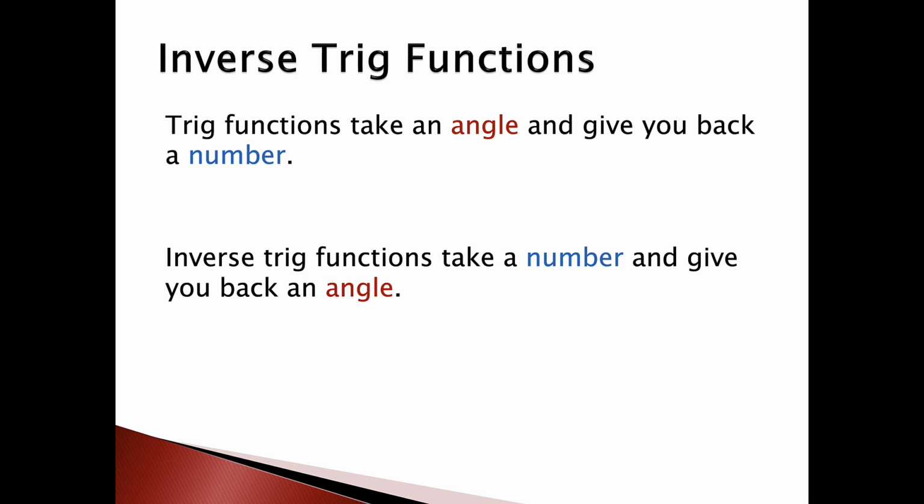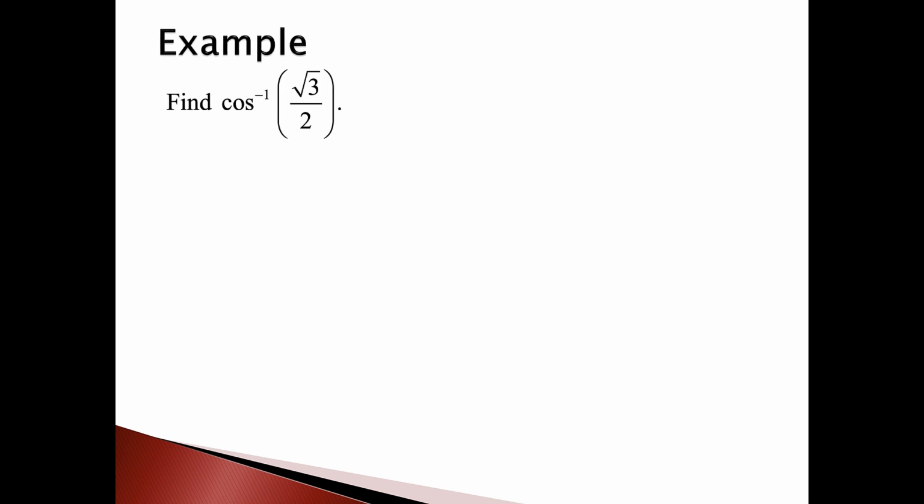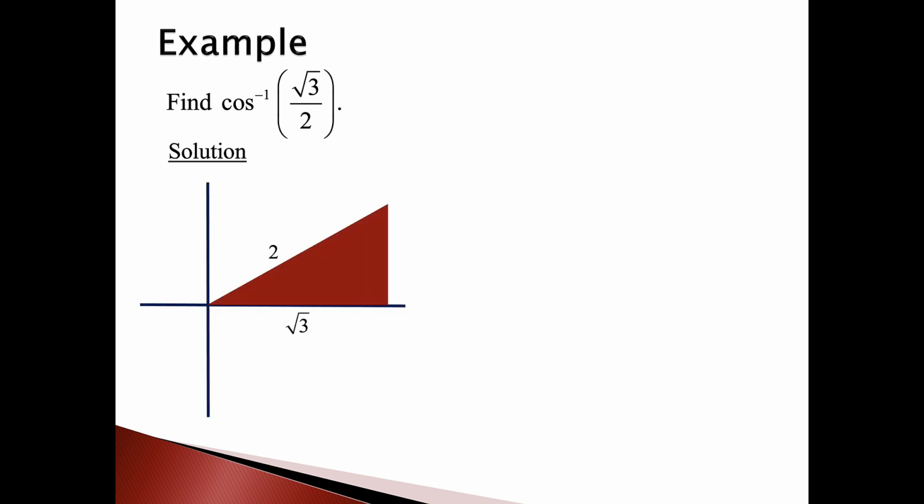Here's an example with some numbers. Inverse cosine of square root of 3 over 2. Well, okay, so this is an angle that we're going to recognize. Because if I draw out a triangle that would have this square root of 3 as its adjacent side and 2 as its hypotenuse, we recognize that triangle. That's one of our friends, right?